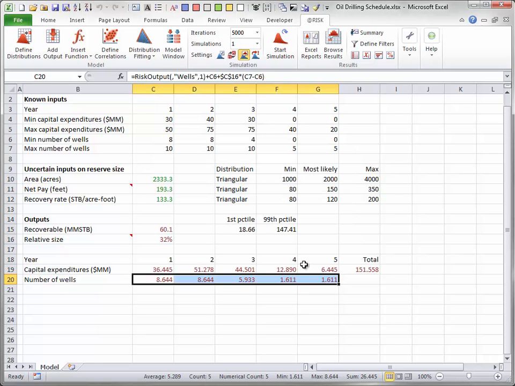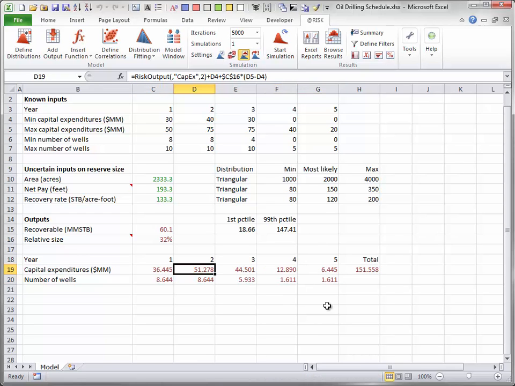Note that each cell in either range is an at-risk output. For example, the risk output function in cell D19 indicates that this is the second output in the CapEx output series. Now I will run the simulation with 5,000 iterations.